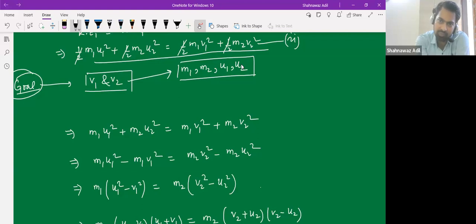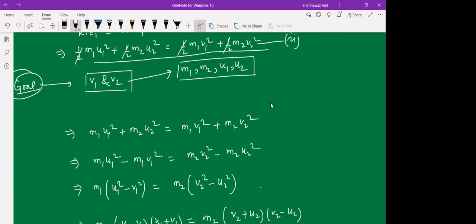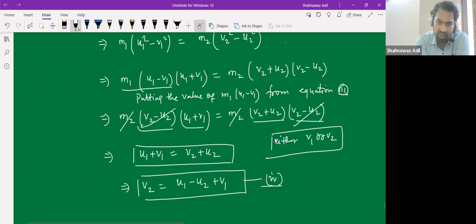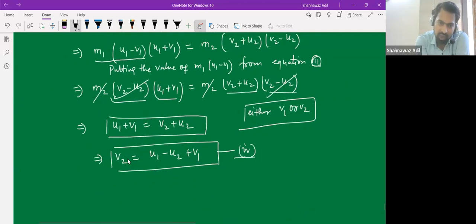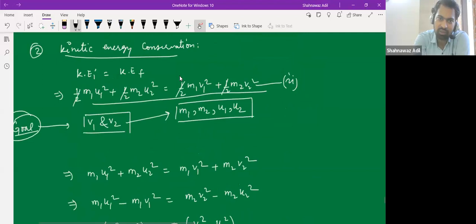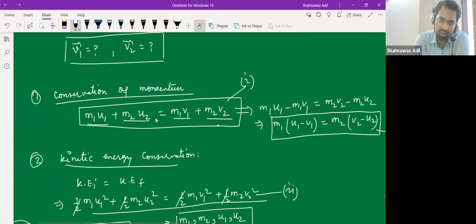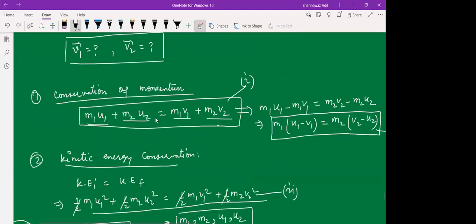So now we have this v2. Where can I put this v2? Just go back to the first equation, right? I can put this value in the first equation.